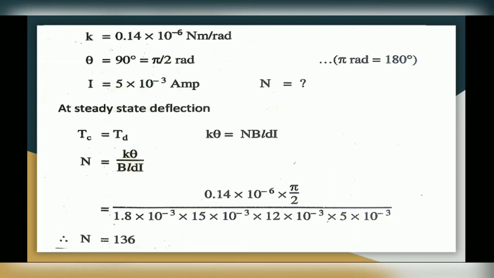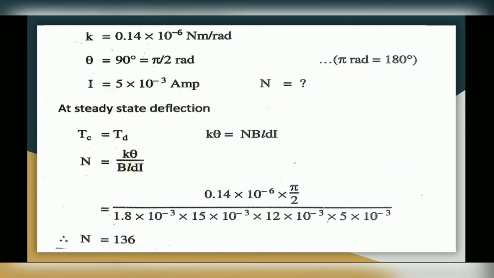Deflection given in the numerical is 90 degrees, which you can write as pi by 2. As you know, pi radian is 180 degrees, so for 90 degrees you can write pi by 2 radian. And current flowing through the coil is I, which is 5 into 10 raised to minus 3, and you have to calculate the number of turns, that is N.